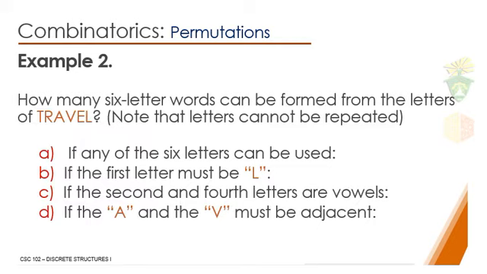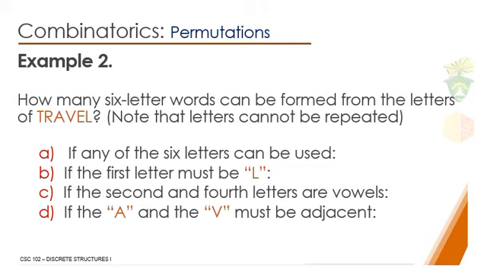Let's have an example. How many 6-letter words can be formed from the letters of travel? Note that letters cannot be repeated. First case: if any of the 6 letters can be used, how many possible rearrangements are there?